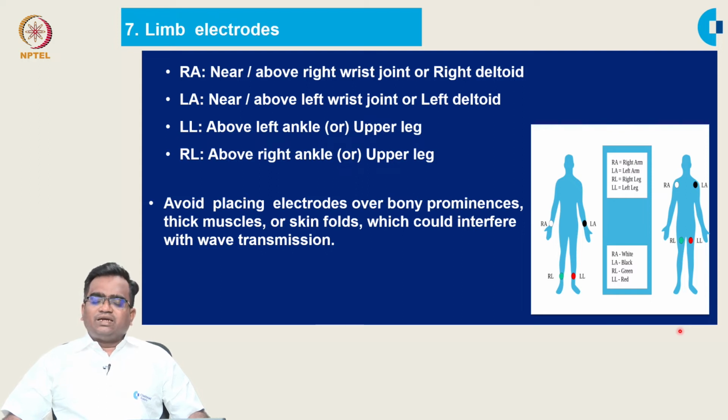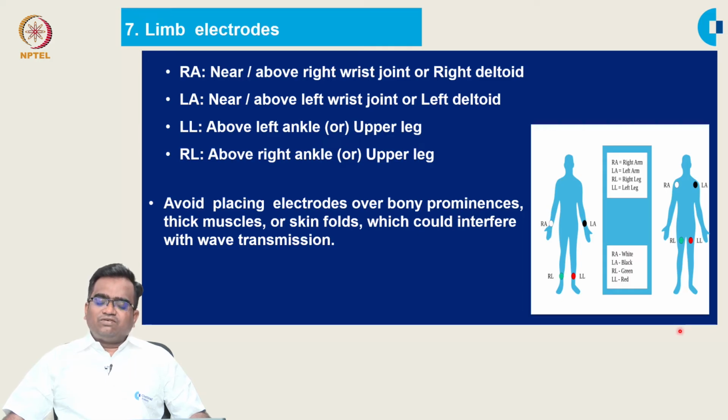Limb leads are indicated as RA, right arm; LA, left arm; LL, left leg; and RL, right leg. The RA electrode has to be placed near or above the wrist joint or in the right deltoid muscle.